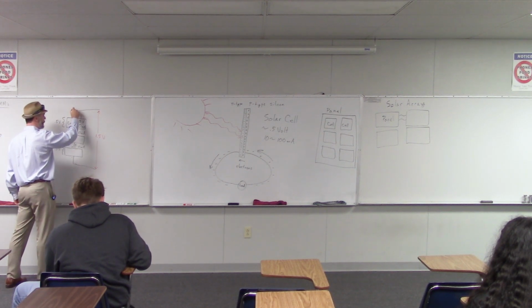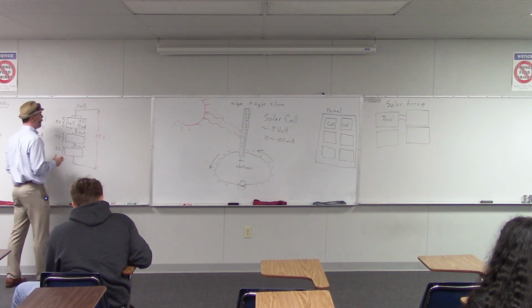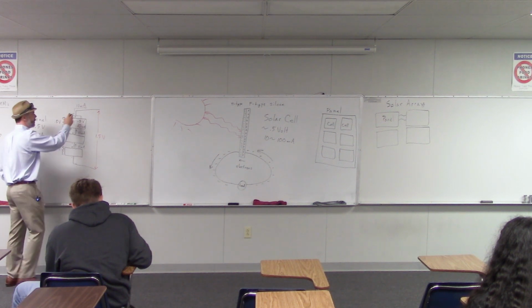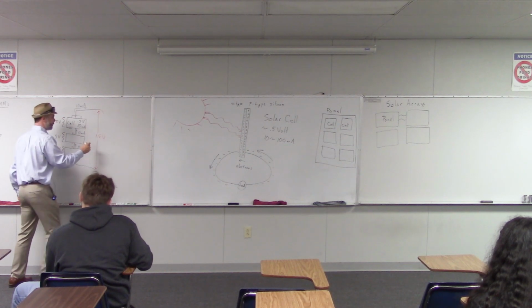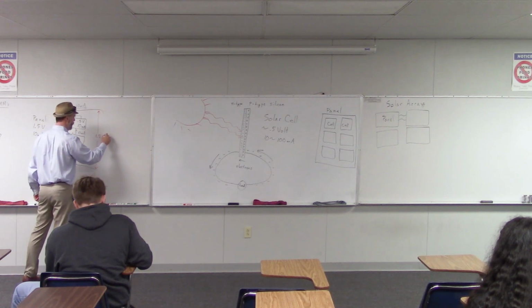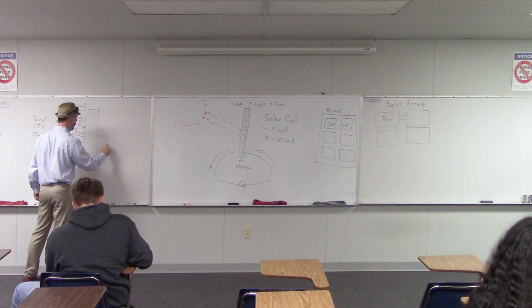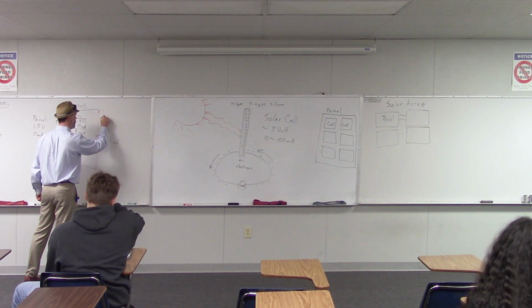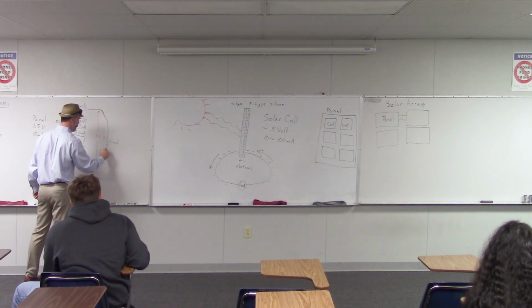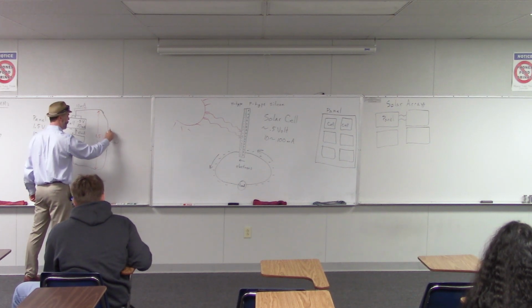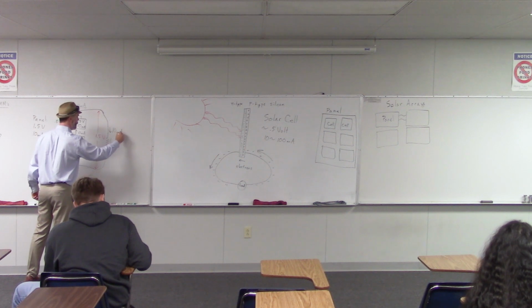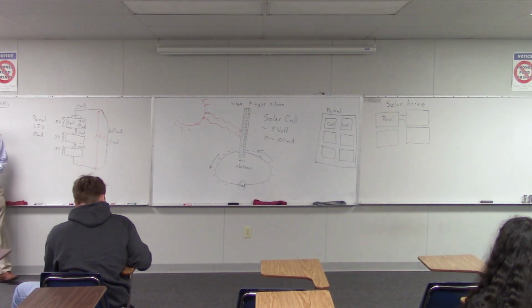And then finally, the top cell has 10 milliamps flowing out of it. So we would have 10 milliamps flowing through our circuit. If we had a load here in the middle, this would be the battery that we're charging or the motor that we're turning or whatever, we would have 10 milliamps flowing through that load. Does that make sense?